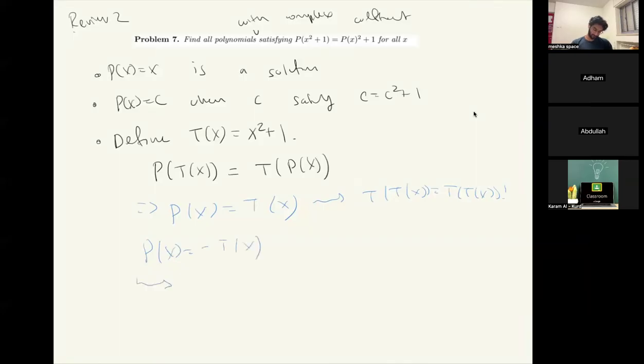It would mean T of negative T of x, right? So T is even, so this is T of x. And yeah, it will not work, right? The two sides will be negatives of each other. So it doesn't quite work.